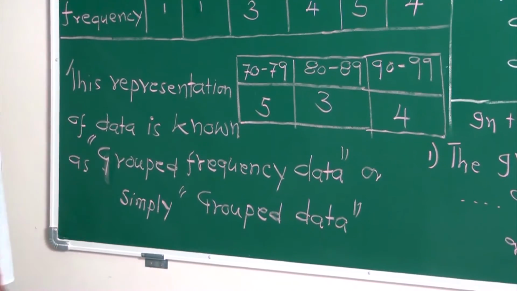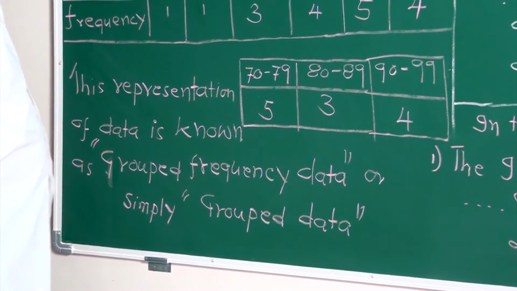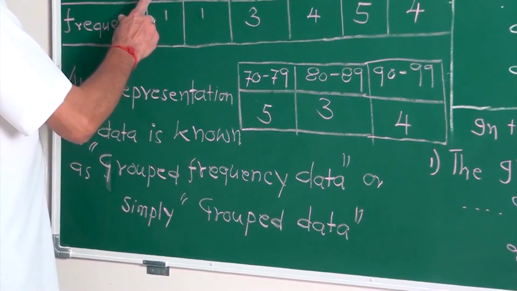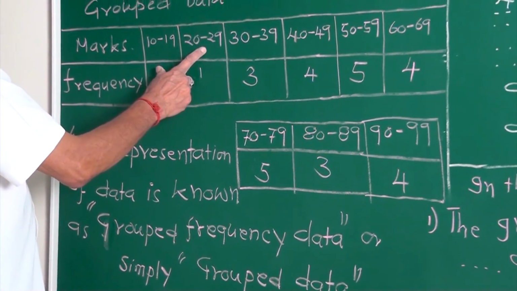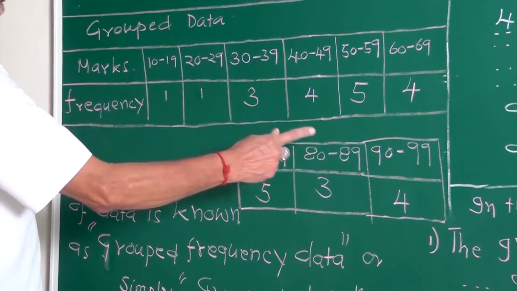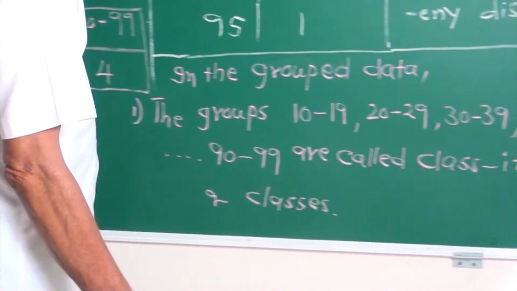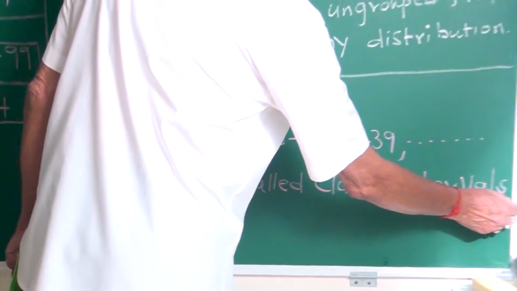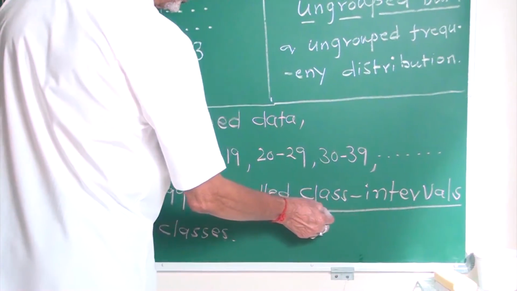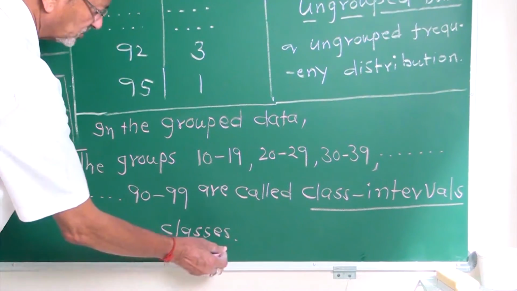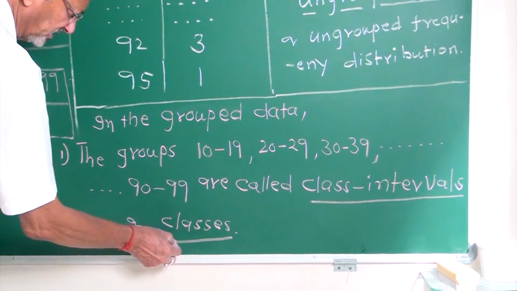In this case, these groups 10 to 19, 20 to 29, 30 to 39, up to 90 to 99, are called class intervals, or simply, in short, classes.